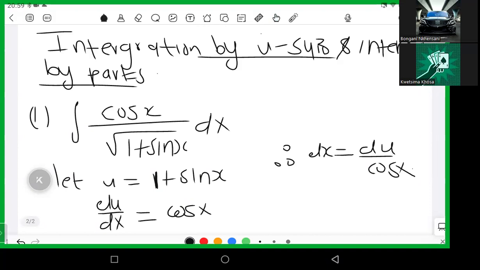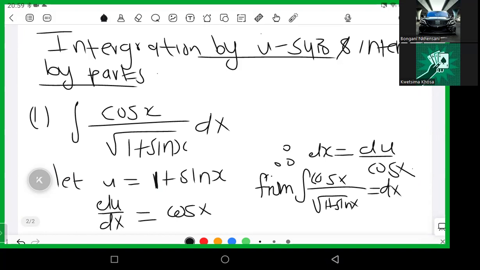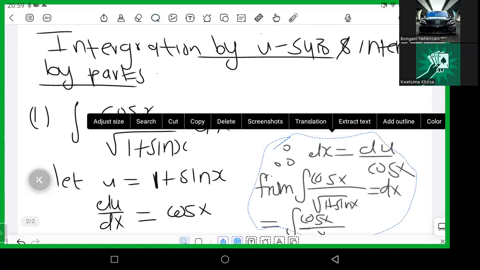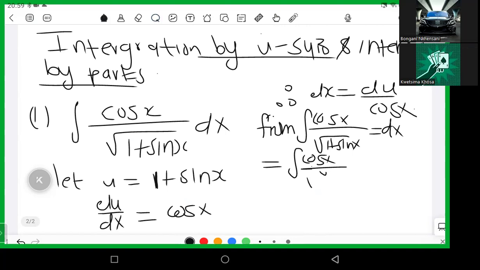And then from here, from the original question, the integral of cosine x over the root of 1 plus sine x dx will be equal to the integral of cosine x over the square root of u multiplied by du over cosine x.